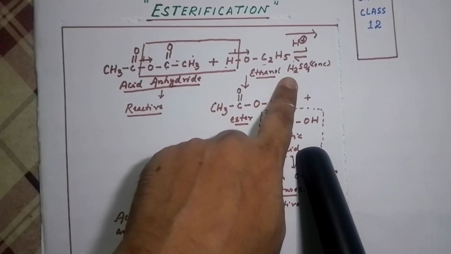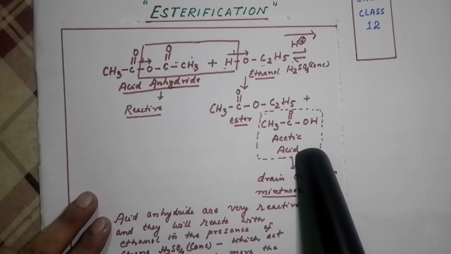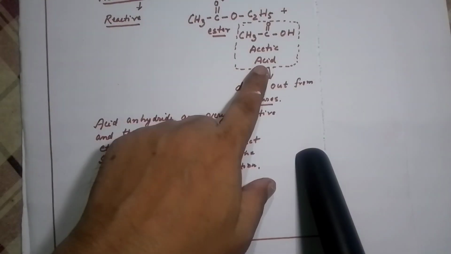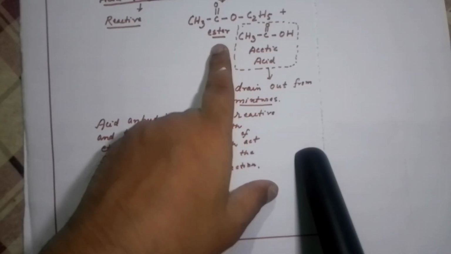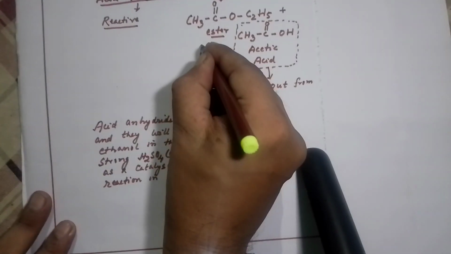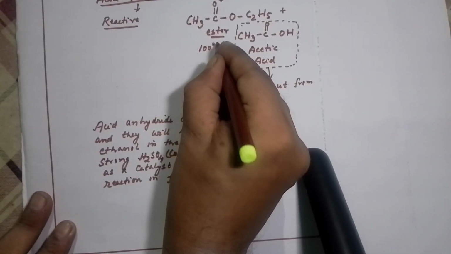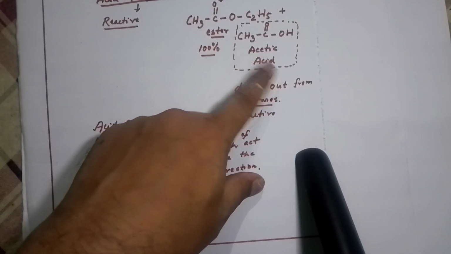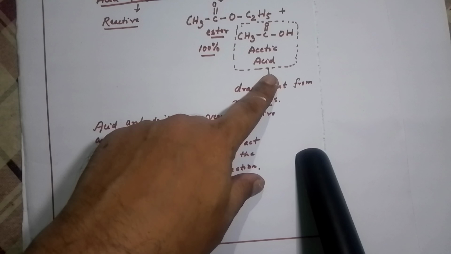Second, it will act as a very good catalyst. Now come back here. This acetic acid we don't want, our main target is to get 100% ester. So as soon as acid forms, we have to drain it out, meaning remove acetic acid from the mixture.